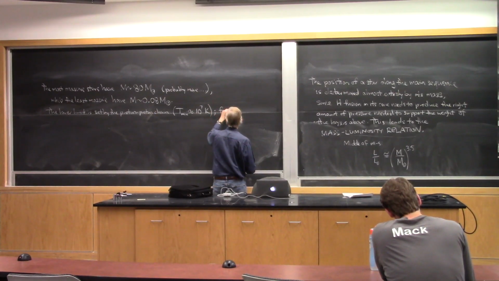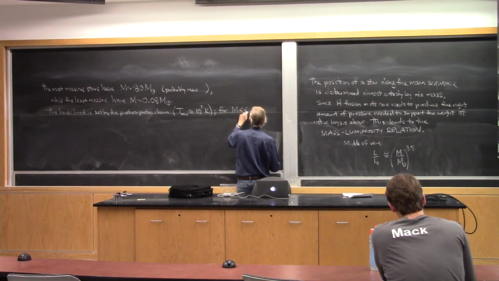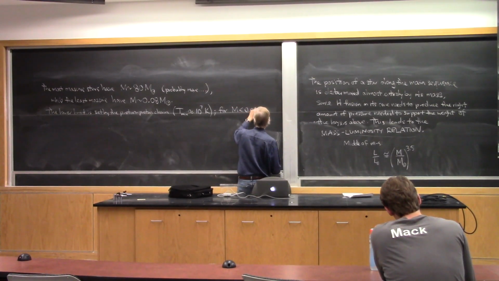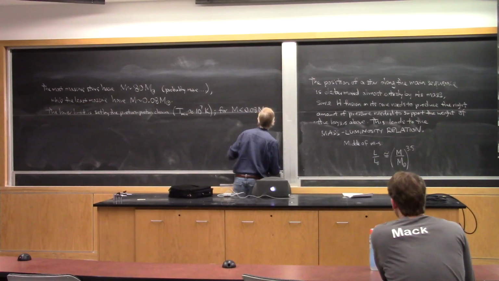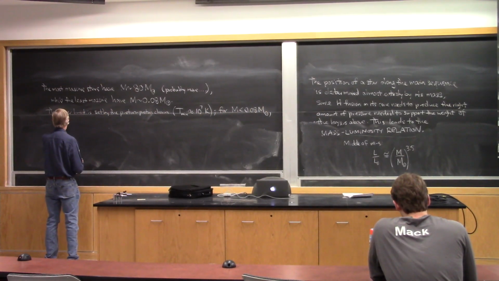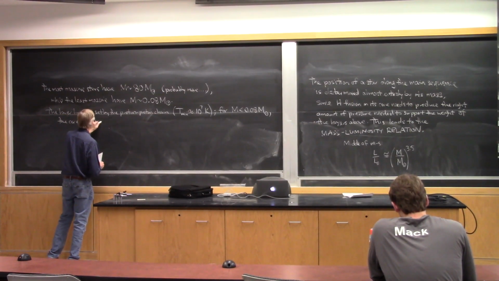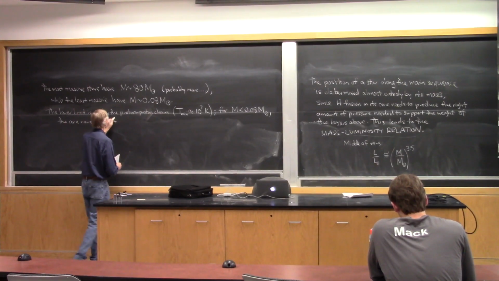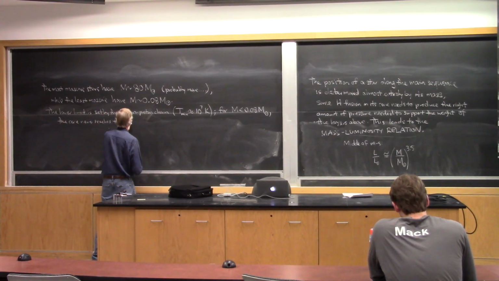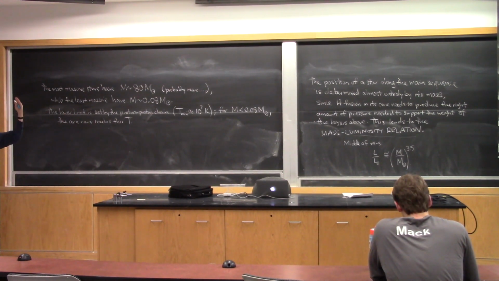So for the mass being less than about 0.08 solar masses, the core never reaches this temperature. Never reaches that temperature because protostars shine via gravity.